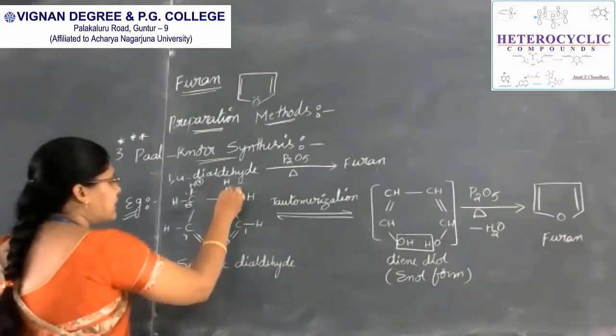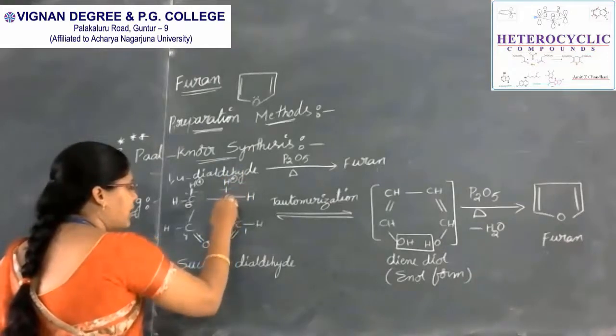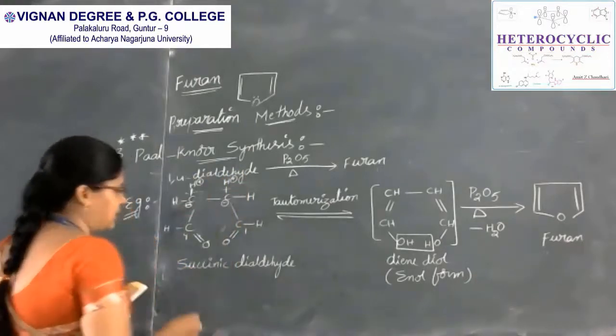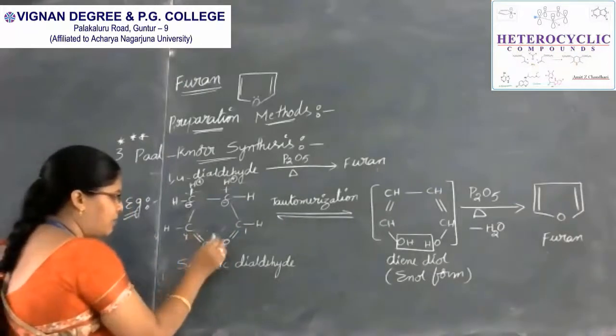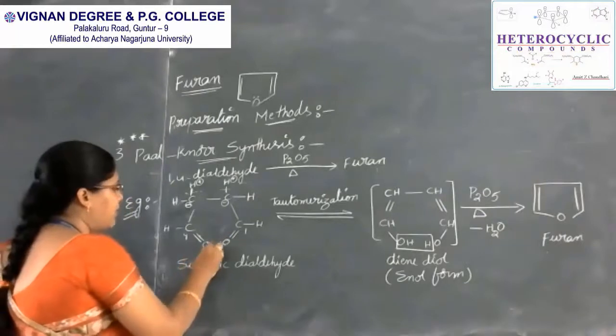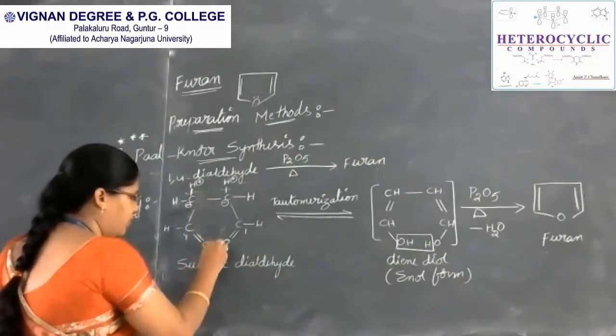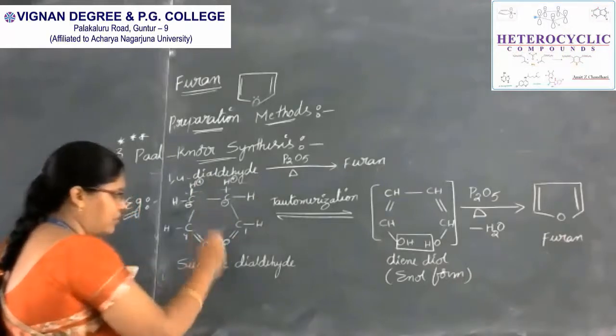Like this, here also the bond is broken, hydrogen gets a positive charge and carbon gets a negative charge. And here the oxygen atom contains a pair of electrons. This pair of electrons abstracts this proton.